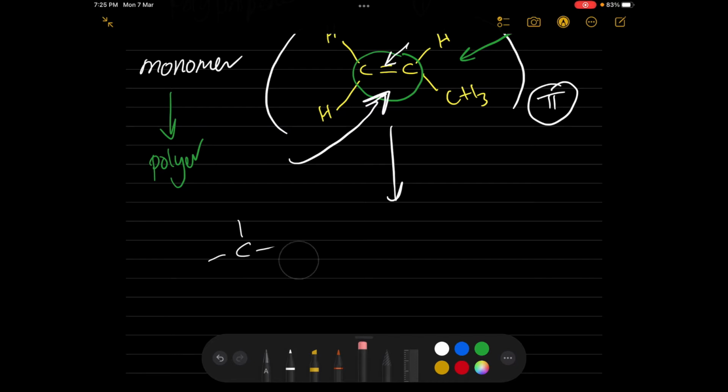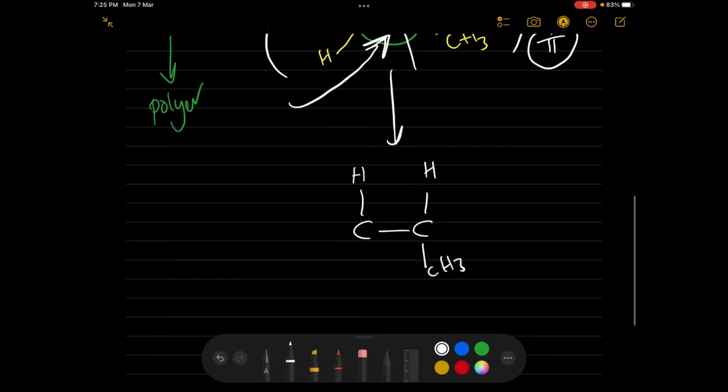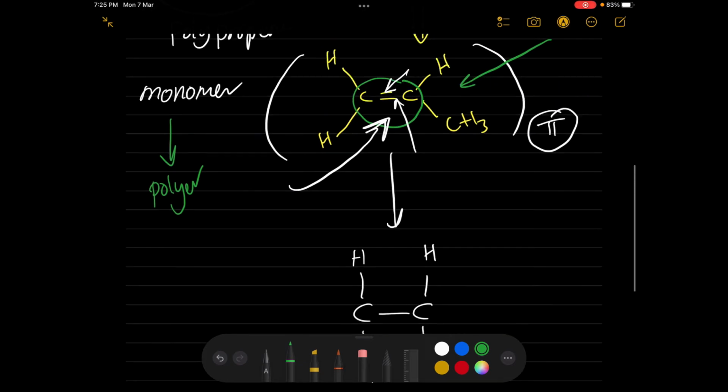Okay, what will happen as a result of breaking the pi bond? We will have the same molecule like this. We have hydrogen here, and we have CH3 here. We still have the same one, but without the double bond. And here we have hydrogen, and here we have hydrogen. Okay. So what do we call this process, or let's say, what do we call this when you change the monomer and break the bond in here?